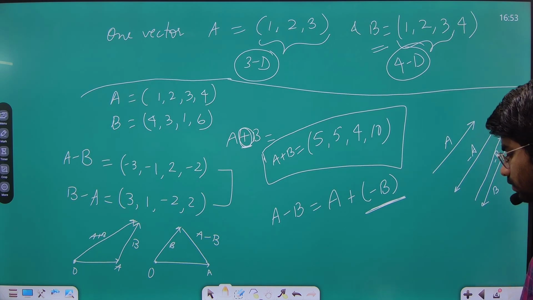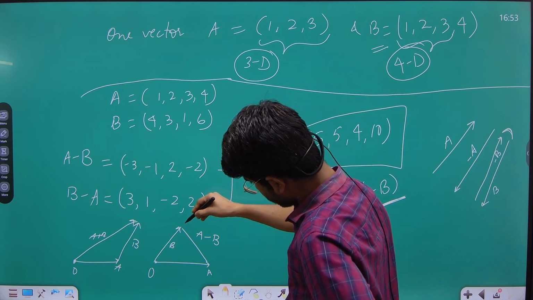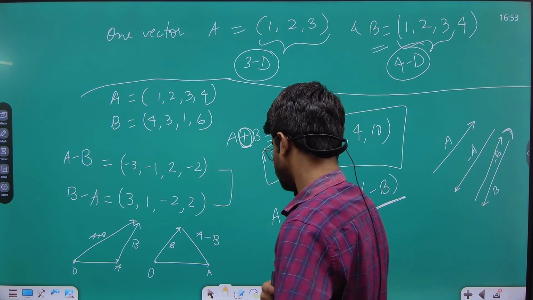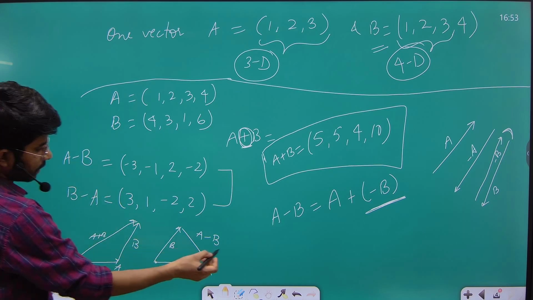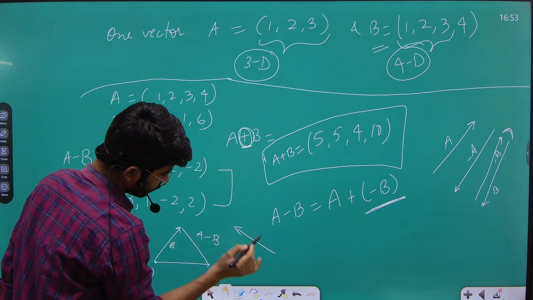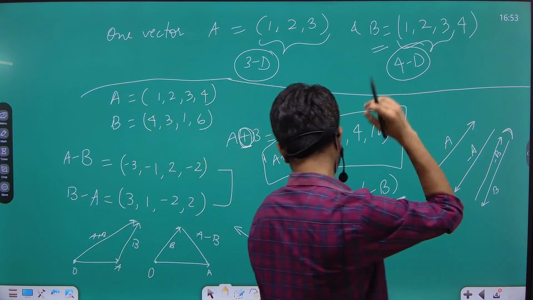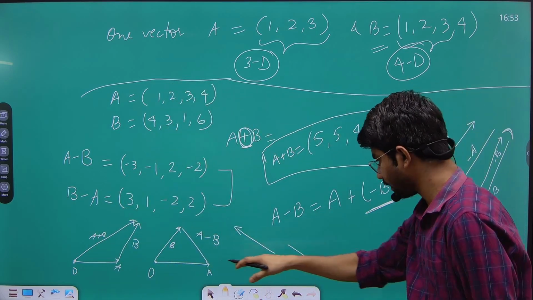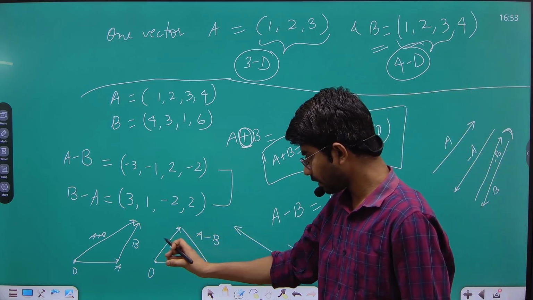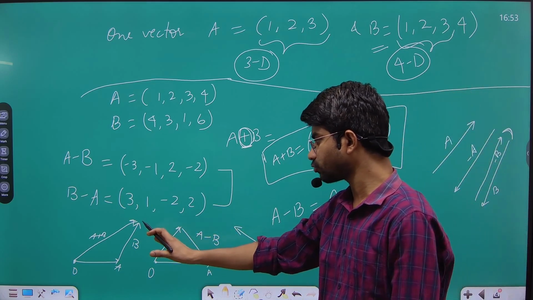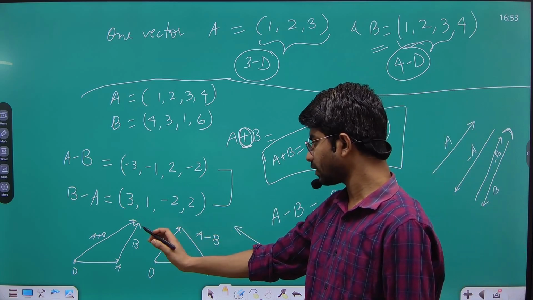Now you may ask what the direction of this A minus B should be. You may be confused whether to have A minus B in this direction or in that direction. You know that A is in this direction, and A is in addition. Similarly, minus of B should be in the downward direction, that means in the opposite direction.